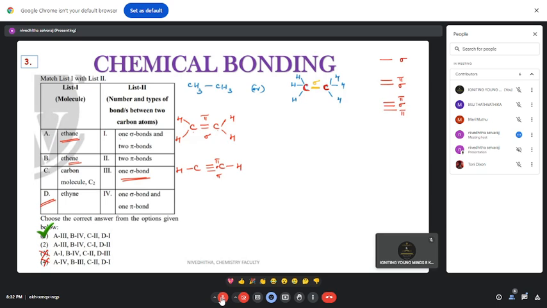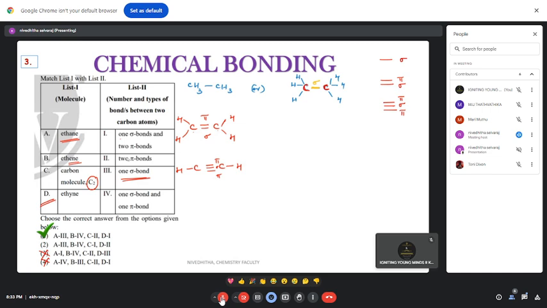Is that clear? Now we'll check for option C. They are talking about the carbon molecule, and specifically they told that the carbon molecule is a diatomic molecule. So we have to find the number of chemical bonds between two carbon atoms, or the number of chemical bonds in a diatomic molecule. To find the bond order or the bond multiplicity of a diatomic molecule, which concept do we have to use?